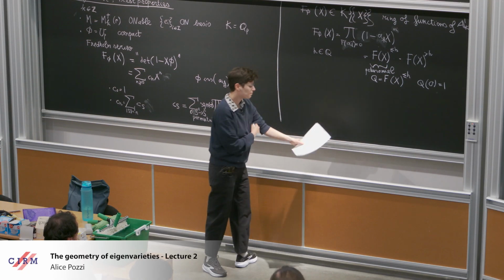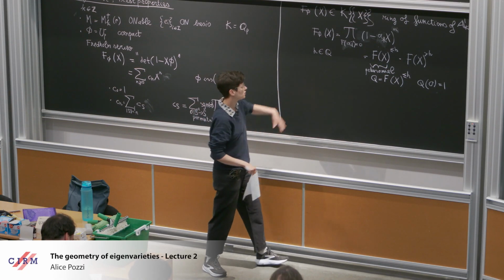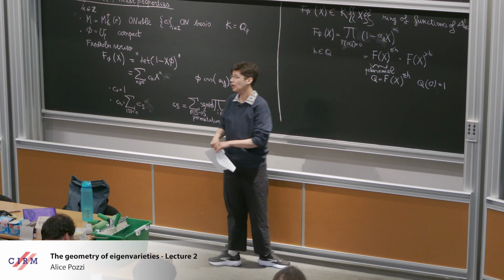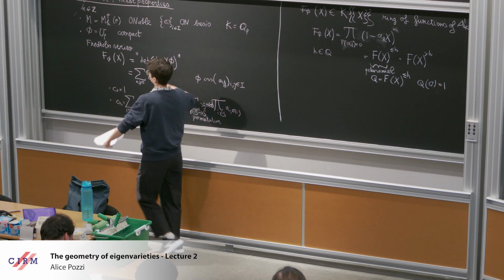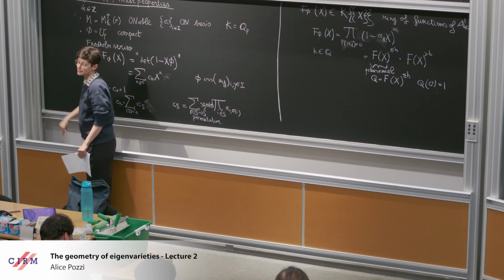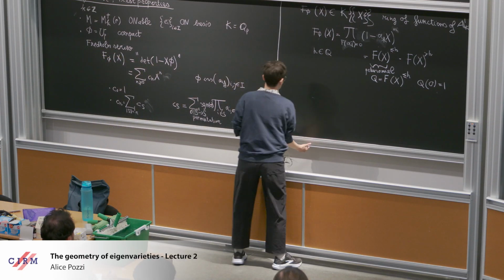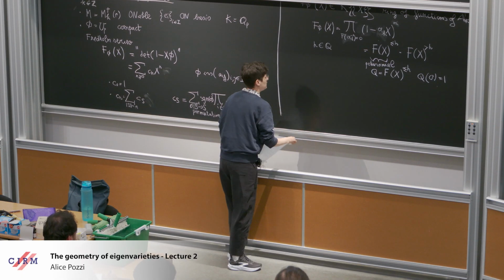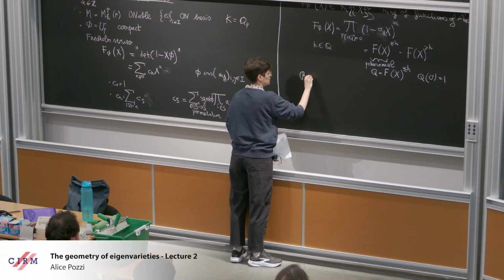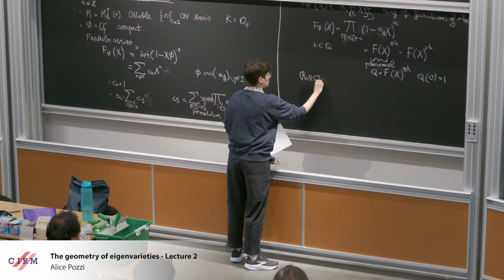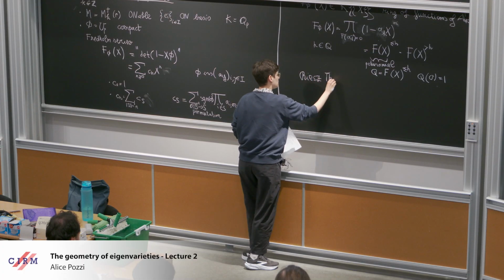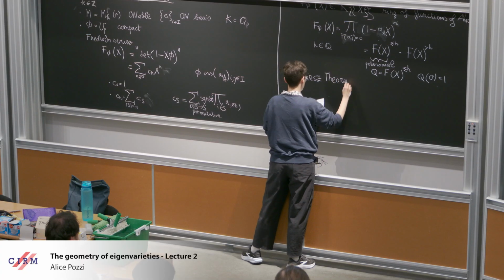So the big input that we are now going to use, once we have this factorization, we want to get a corresponding decomposition of this guy here. So in order to do that, we appeal to a result that I think is usually referred to as Riesz theory.